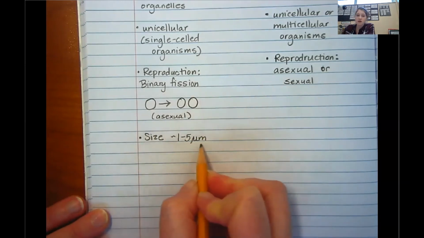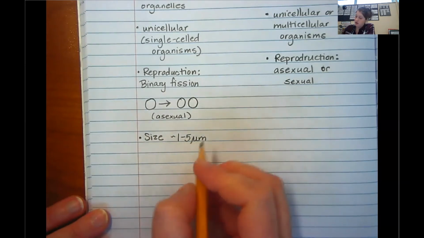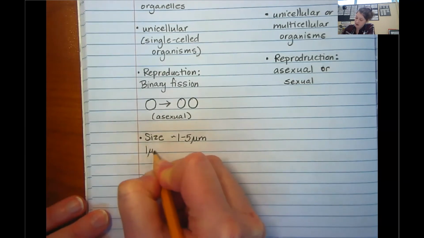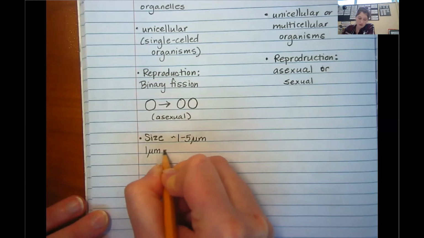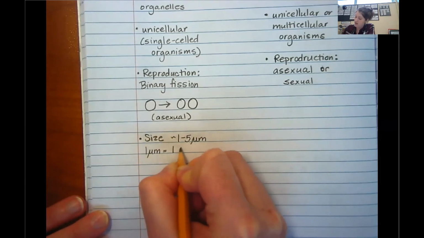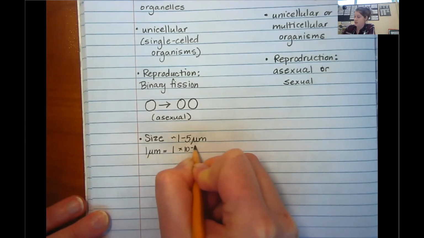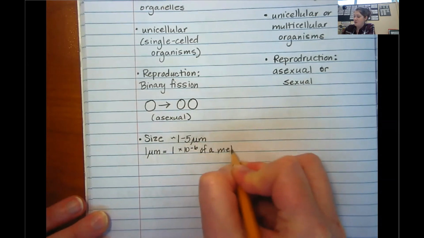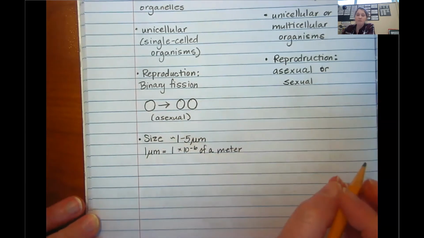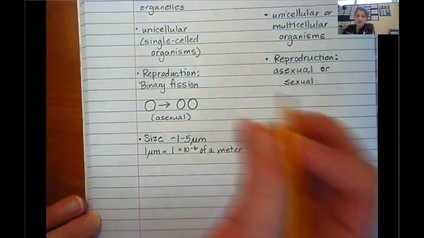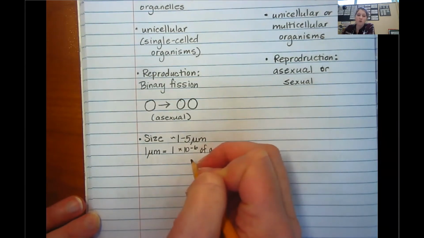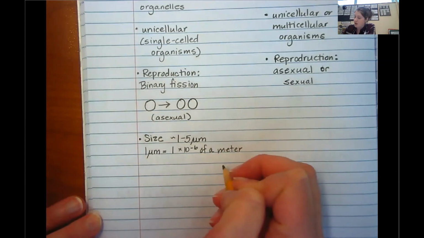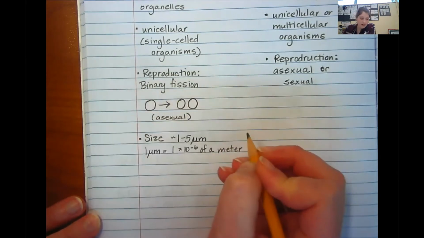One micrometer equals about 1 × 10⁻⁶ of a meter. Think about a centimeter or a millimeter; this is smaller than that. We can't even measure it in the terms we would normally use. So very small.